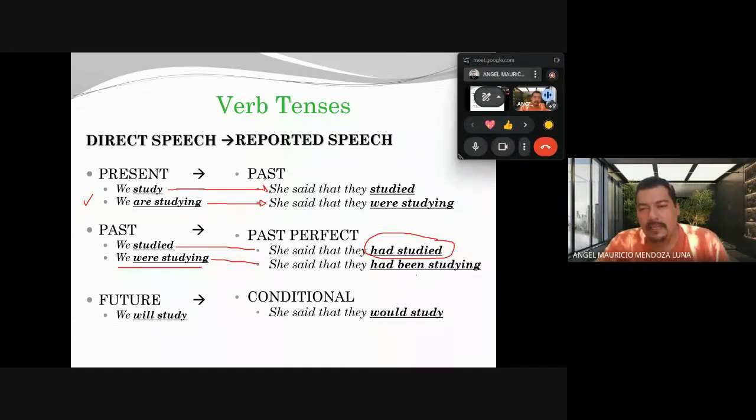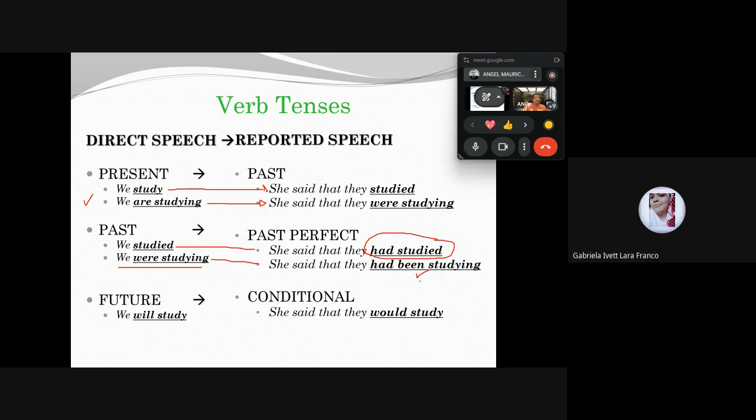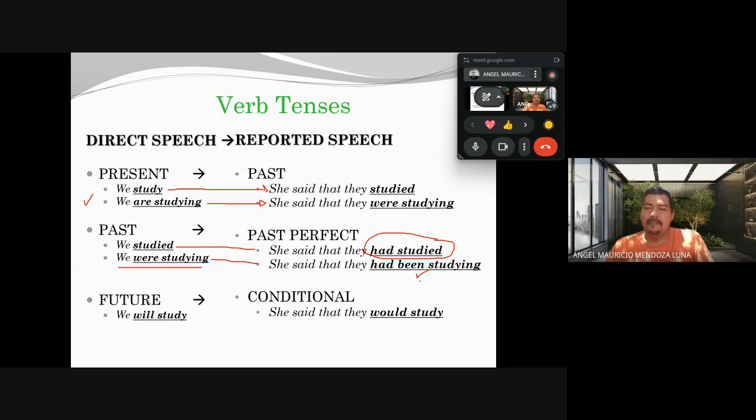Can anybody tell me this one? Have been studying. Past perfect continuous. Yes. If you take a look, my friends, I will say we are always using continuous over here, continuous over here.